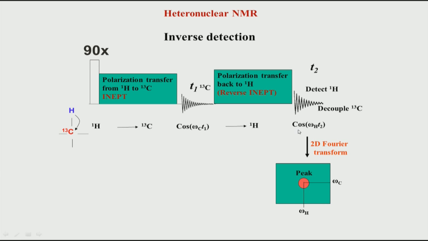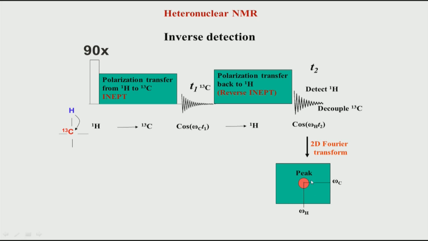But for any hydrogen connected to carbon, only those hydrogen and carbon pairs like those shown here, which are connected to each other by J coupling, that is by bond, only those proton and carbon pairs will show a cross peak.